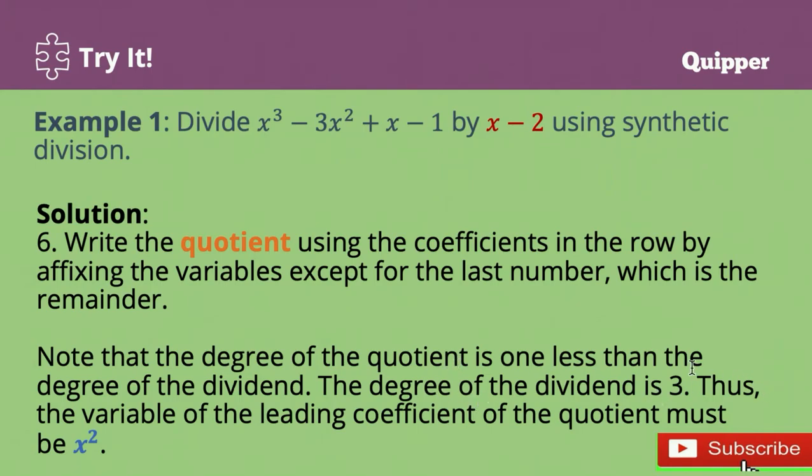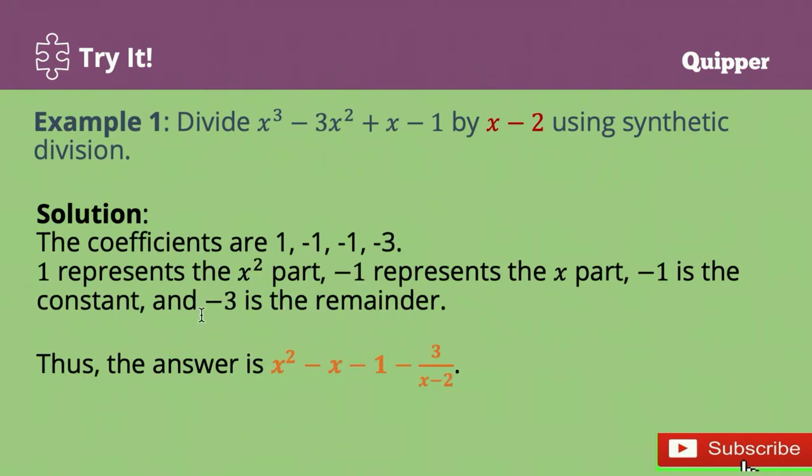Thus, the variable of the leading coefficient of the quotient must be x squared, or the quadratic term. Since the coefficients are 1, negative 1, negative 1, and negative 3, this number 1 here represents the quadratic part, or the x squared, and this negative 1 represents the x part, or the linear term.